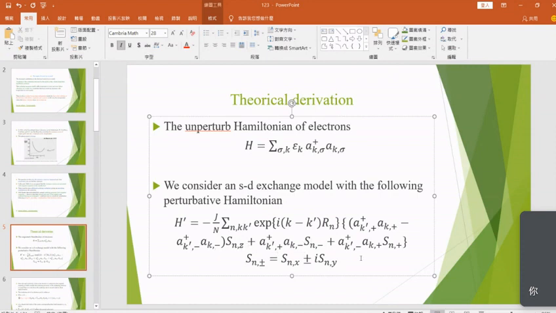And then for the second and third terms, the spin of the impurity will change. For example, this is minus, so the impurity spin will go from up to down, and then the electron spin will gain a unit, from down to up. And so does this. J is a parameter we can find from experiment, and N is the total number of atoms in the crystal.